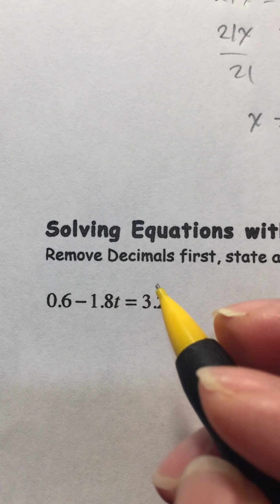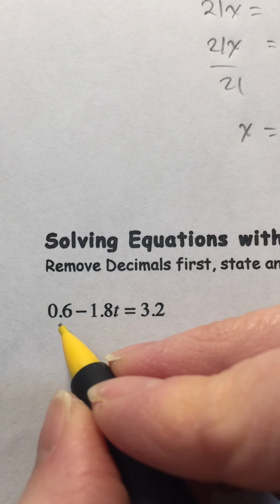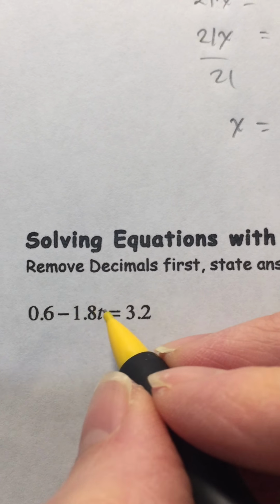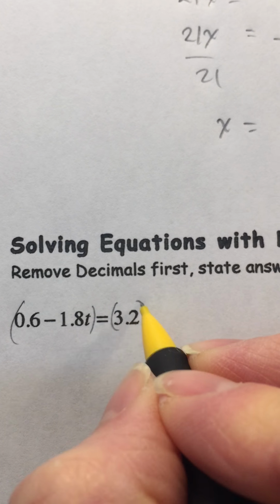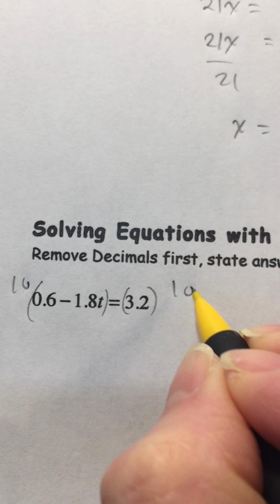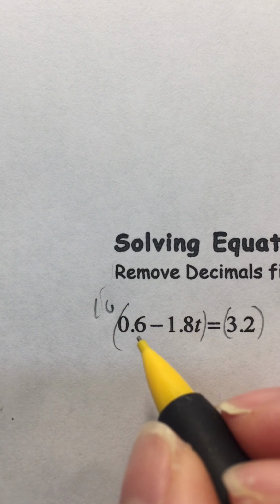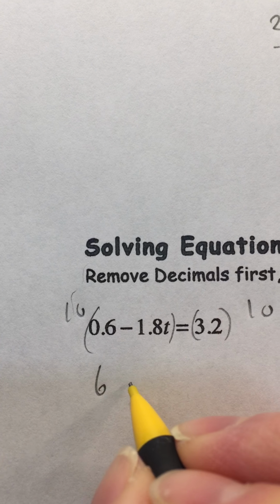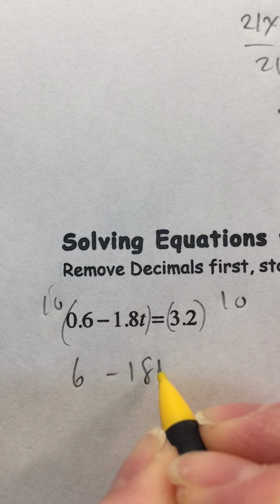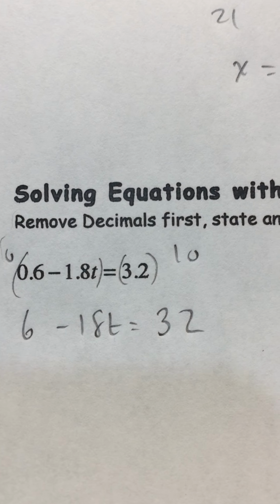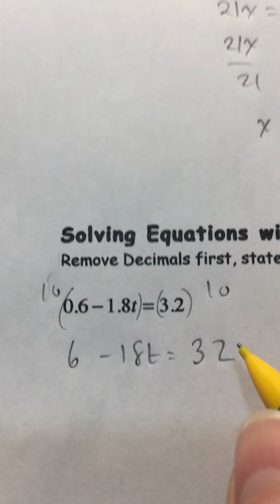They all have tenths in them. If you multiplied both sides by 10, you would eliminate the decimals. If it had 2 decimal places, you'd multiply by 100. So if you multiply this by 10, you're going to get 6. And this next one, you're going to get 18t and 32. And voila! In one step, you got rid of all your decimals.